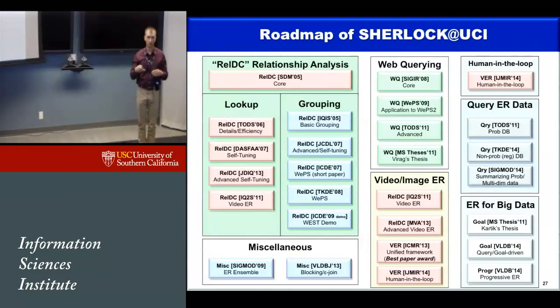The question was, can you use context, or different types of context, and combine all these features together to improve the quality? That was one of our solutions, and we actually got a best paper award for the framework we developed at the ICMR conference.